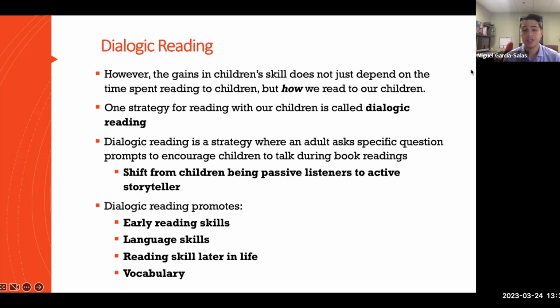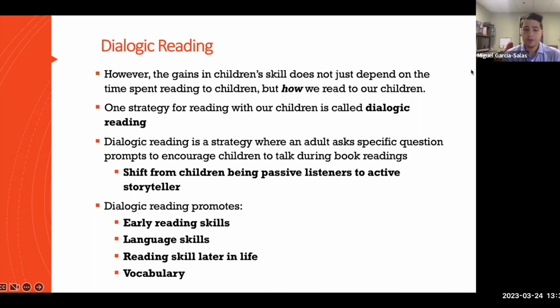So lots of research on dialogic reading shows that it promotes early reading skills, maybe letter sound correspondence, phonological awareness, and things like that that build later reading ability. It also promotes language skills, both receptively, their understanding of language, and their expressive skills, or how well they can communicate parts of a story and things like that, as well as just vocabulary.